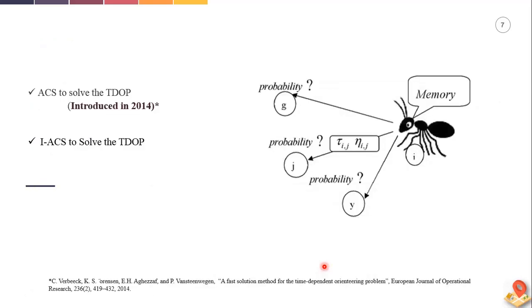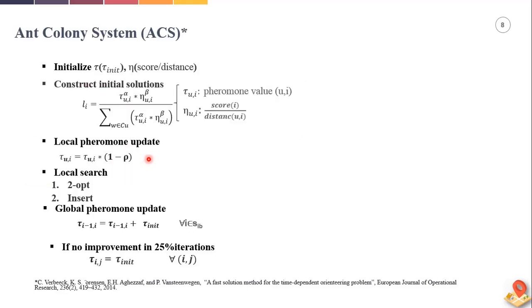Previously, an ant colony system has been introduced to solve the time-dependent OP. In our paper, an improved version of this algorithm is proposed. This slide is the previous I-ACS algorithm.